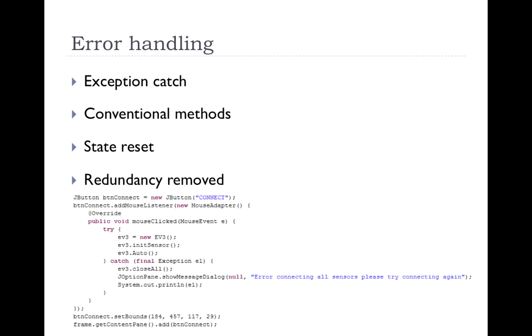For error handling, the identified error is called an exception, and there are corresponding conventions to deal with these exceptions. For instance, before the sensors can be used, they have to be configured in a correct state.